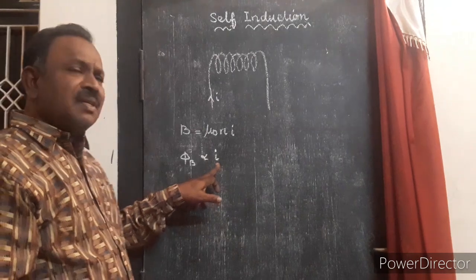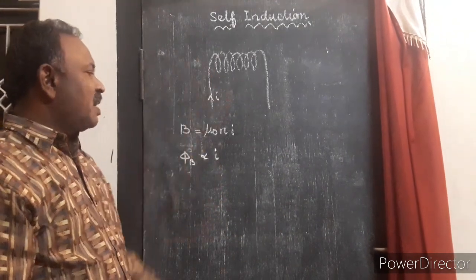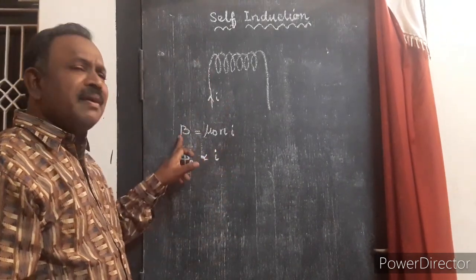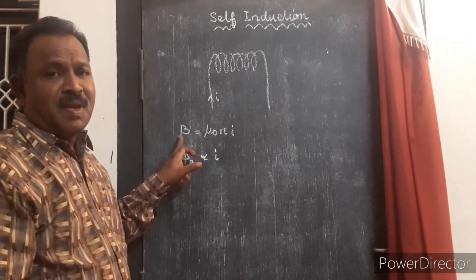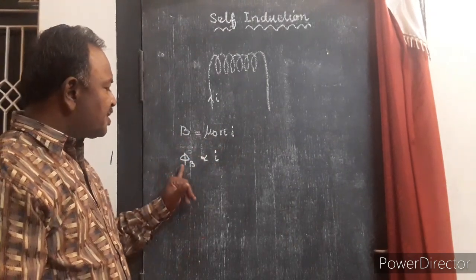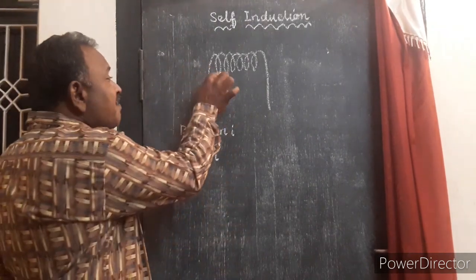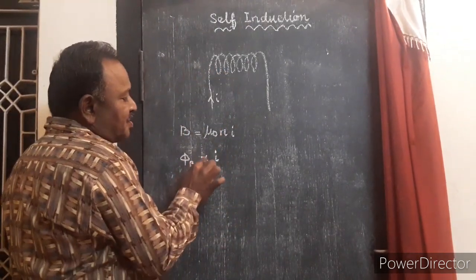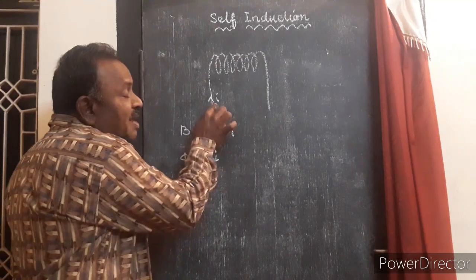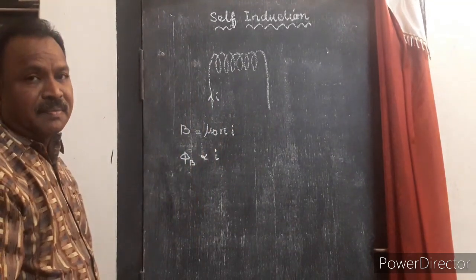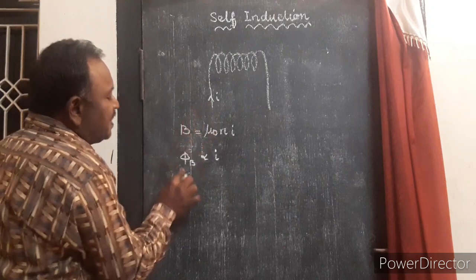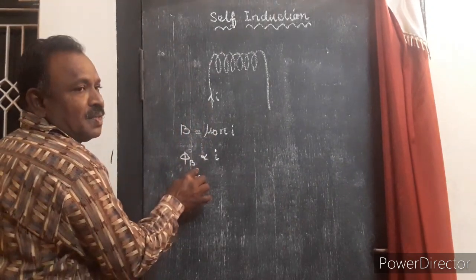When I increase the current through the coil, it will ultimately increase the magnetic field. When the magnetic field increases, magnetic flux will increase. So the magnetic flux linked with the coil is directly proportional to the current passing through the coil. This is the flux per turn.